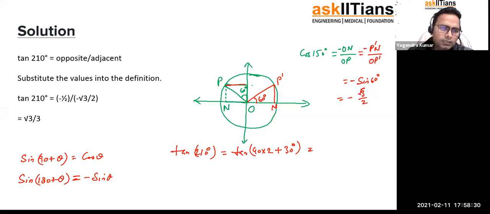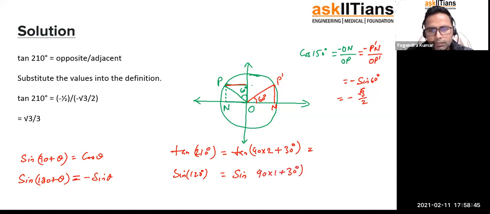If I was having sine of 120 degree, it is sine of 90 into 1 plus 30 degree. Now I was having cos of 150 degree, so it is cos of 90 into 1 plus 60 degree, right?